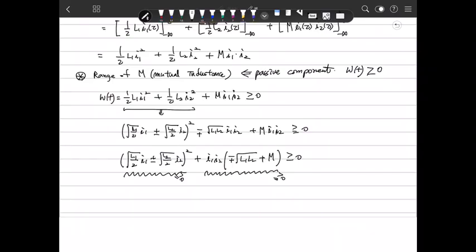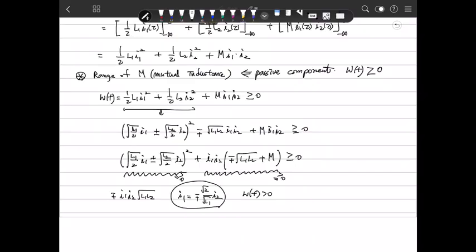And there, I1 I2 times (M minus or plus sqrt(L1 L2)) should be positive when sqrt(L1) I1 is minus or plus sqrt(L2) I2. Under these conditions the energy should be positive.